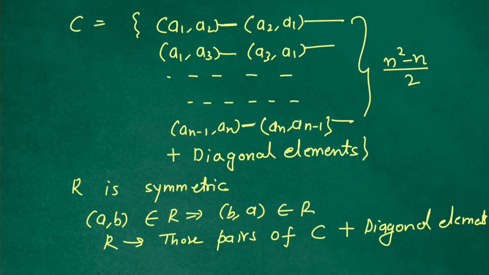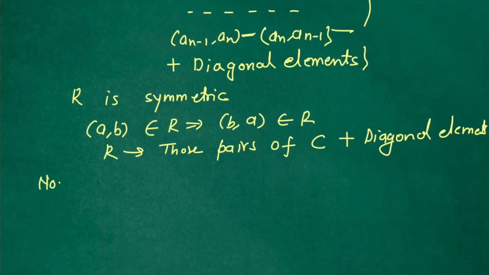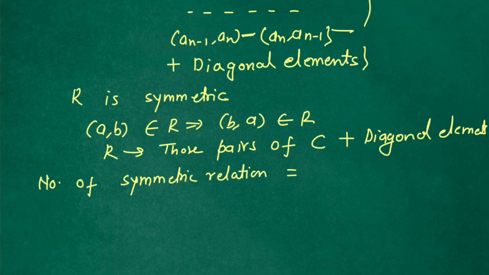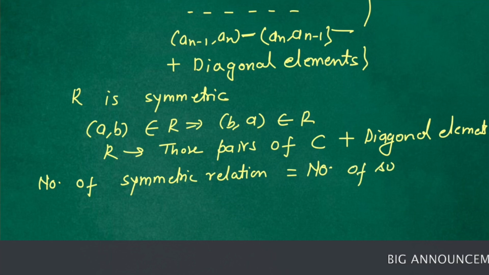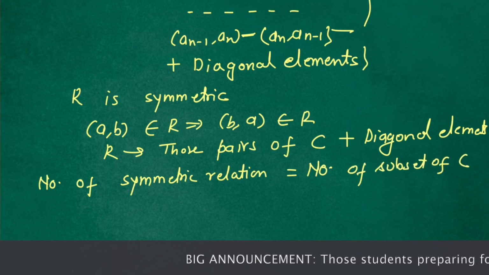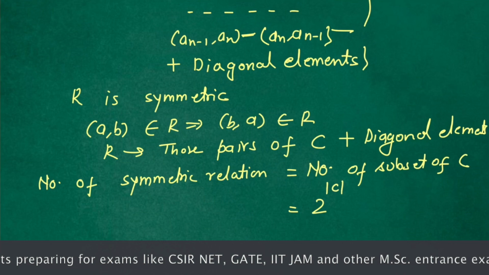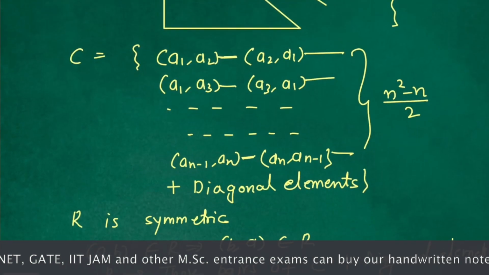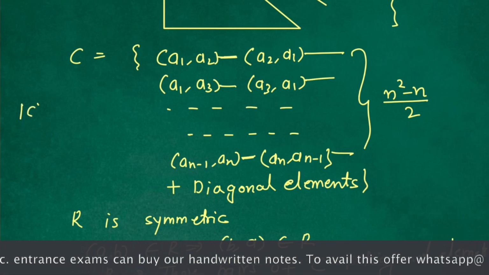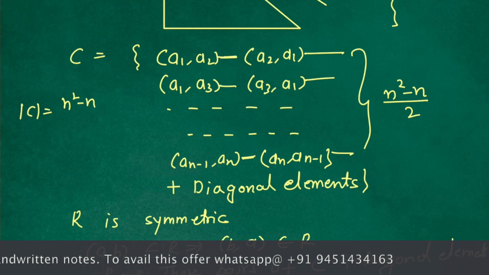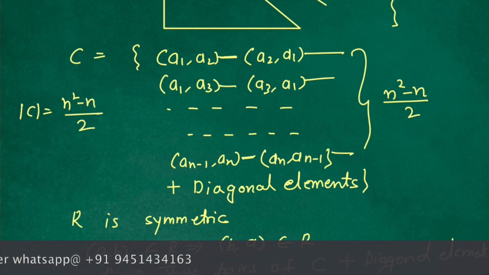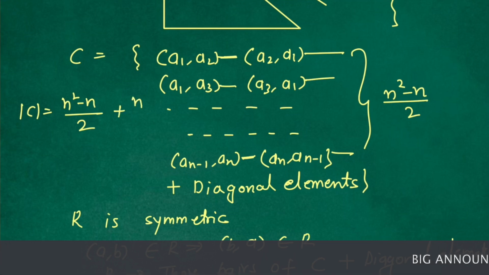So the number of symmetric relations will be the number of subsets of C. The number of subsets of C will be 2 raised to the power cardinality of C. And cardinality of C has the number of such pairs, which is n square minus n over 2, plus the number of diagonal elements, which is n.